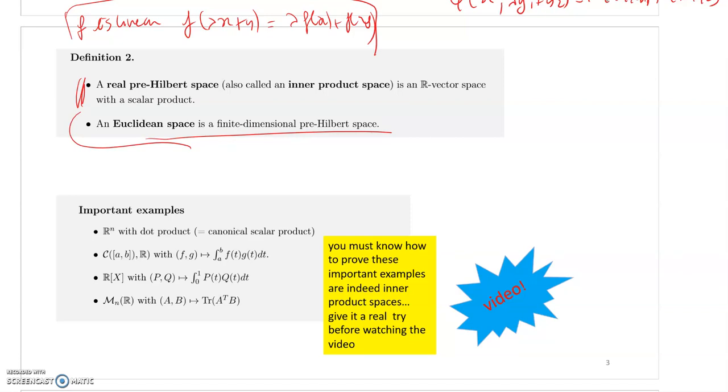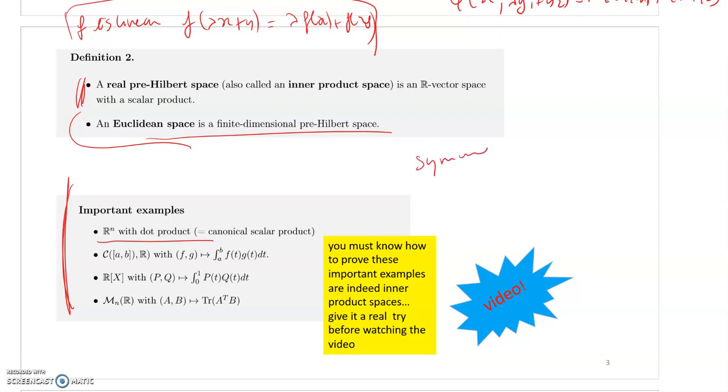All right? Next video we will treat those examples, but I advise you now to pause and try to do it yourself, to show that Rn with the dot product is indeed a well-defined inner product that satisfies the three properties that we said earlier.